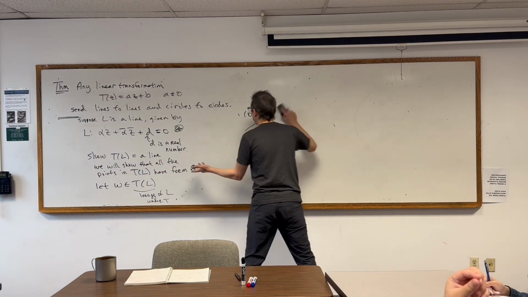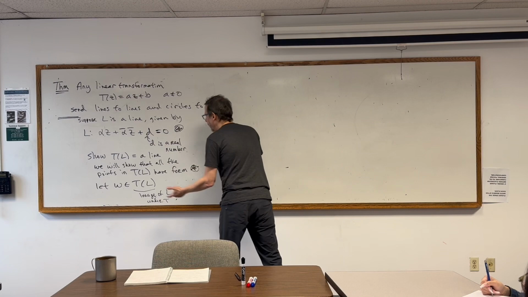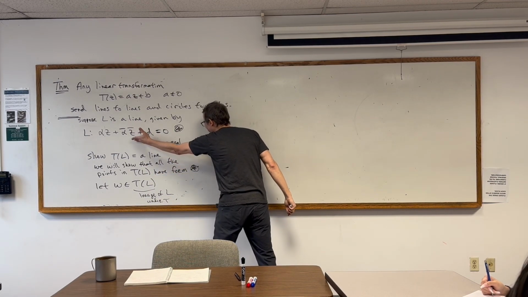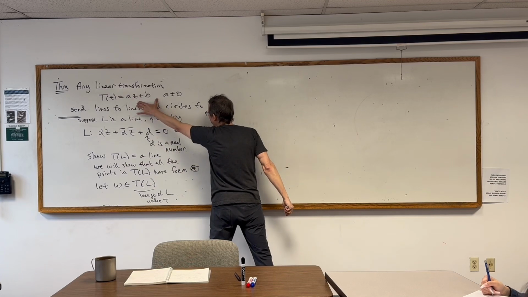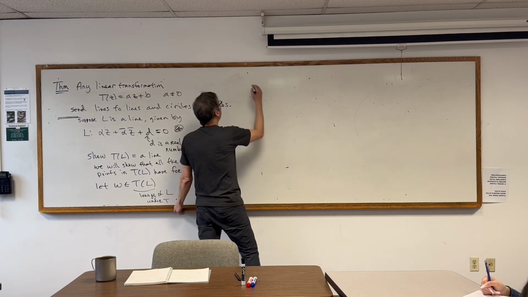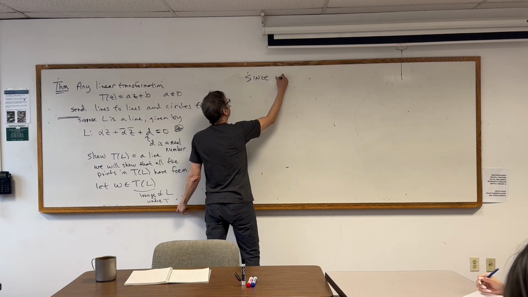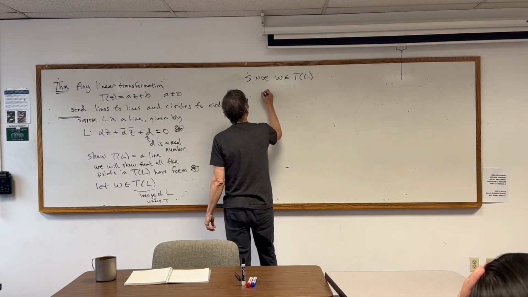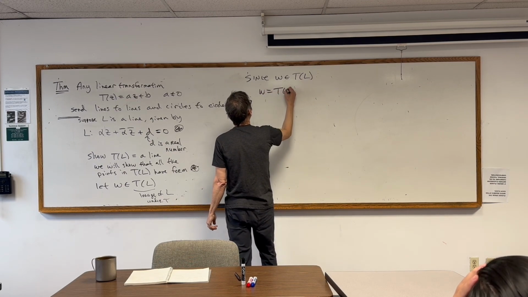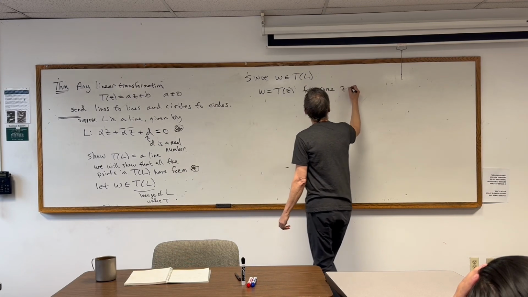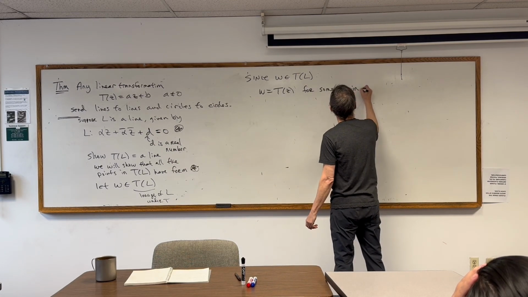Watch how we unfold this. It's really quite lovely. The only thing I really know is that z does this, and T looks like this, and W is in T of L. So since W is in T of L, W must equal T of z for some z, and that z is in line L.